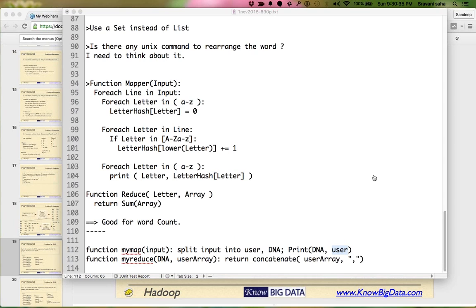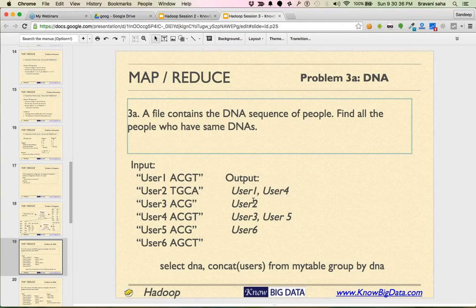Ganpati, you have to tell me what your map should give as key and value. Please keep in mind that whatever key you give in your mapper, based on that key the data will be sorted.